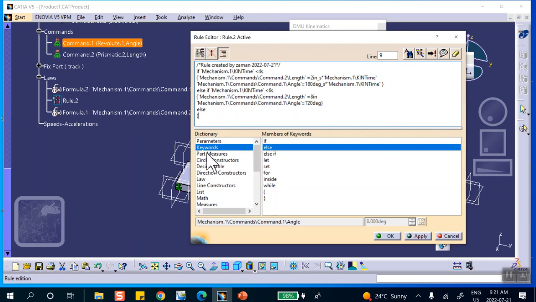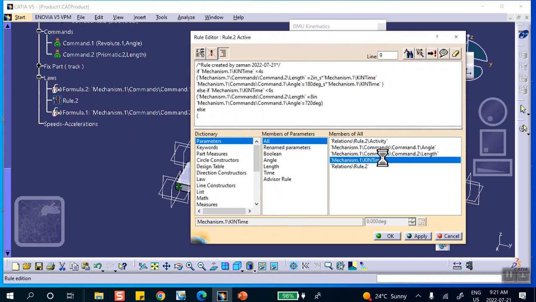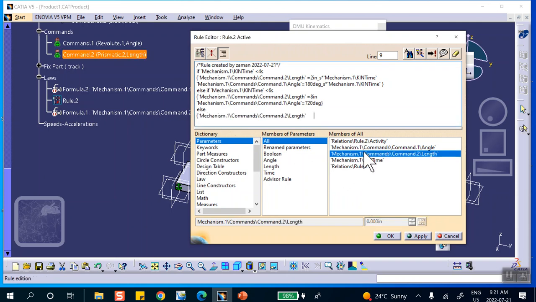Just be careful here. Parameters, position, not braces, position is equal to 8 minus whatever that velocity is.